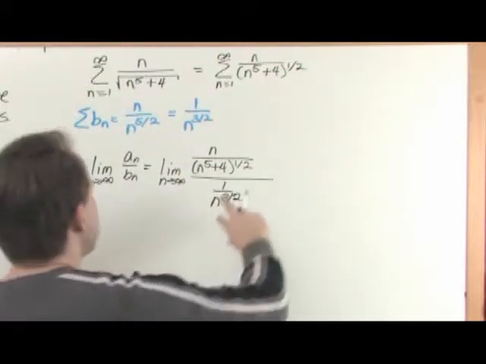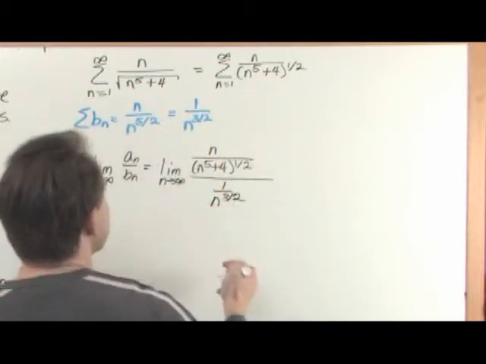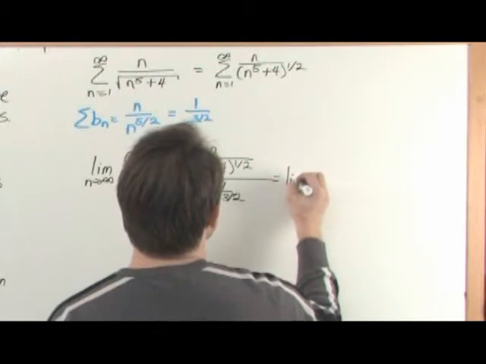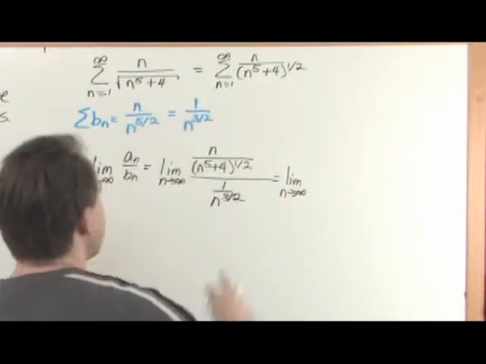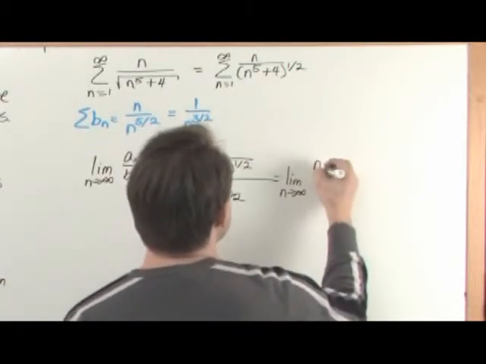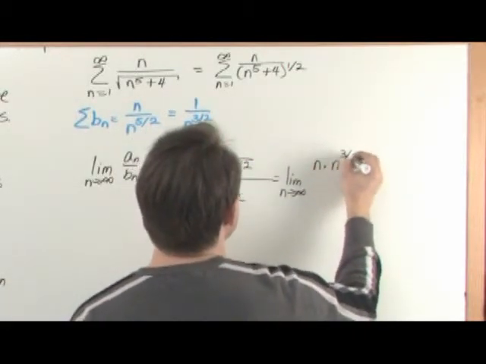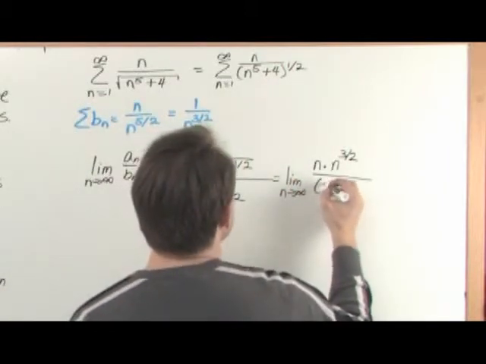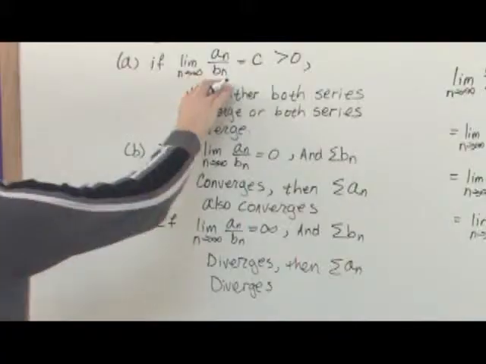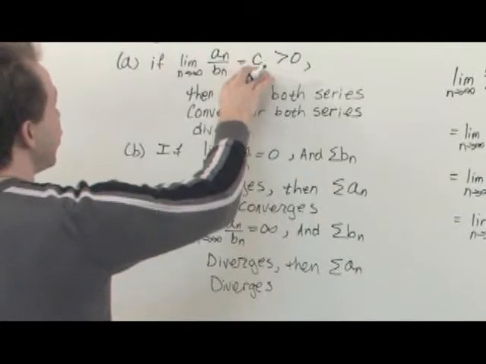So let's go ahead and do that. Let's flip this over and bring it onto the top. So it's the limit as n goes to infinity of n times n to the 3/2 over n to the 5th, the ratio of the elements, and we got a limit greater than 0.